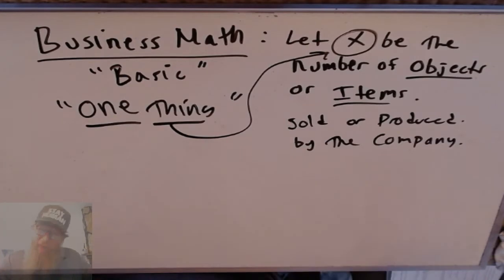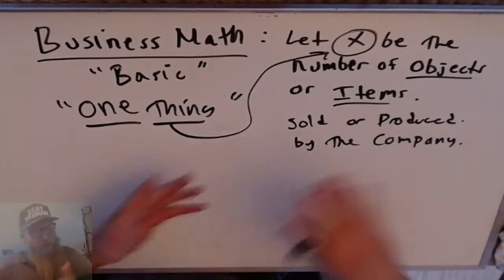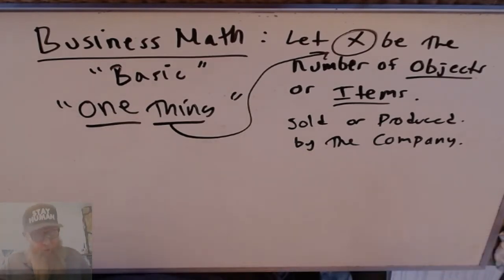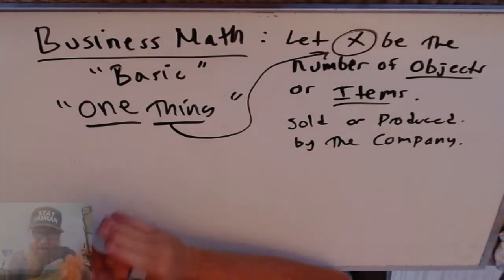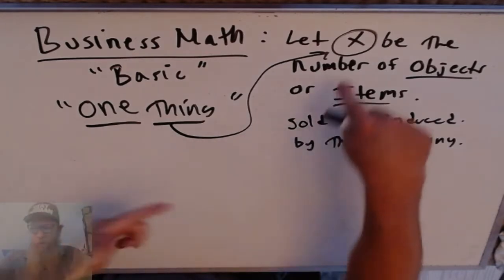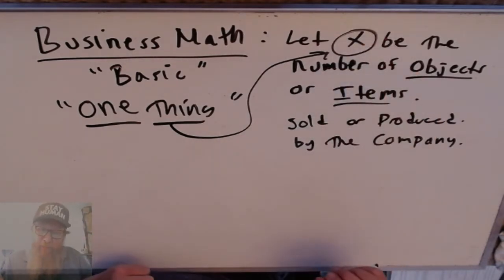It turns out that if you want to run a business that sells multiple different types of items, then you need to have lots of different formulas for all the different items. We're being very singular here, very narrow. It's a linear equation, so we're only going to sell one thing, all right? We often refer to these as widgets.